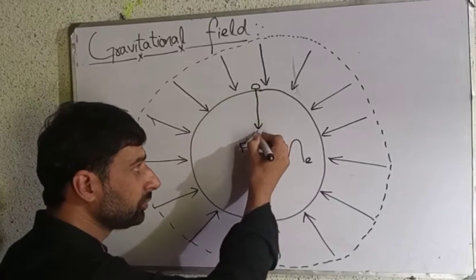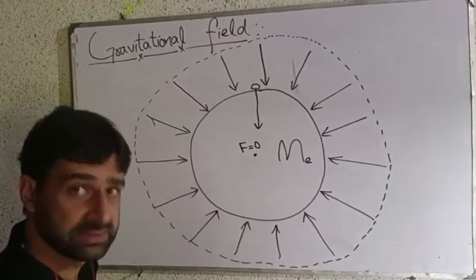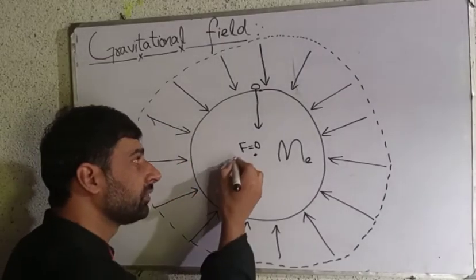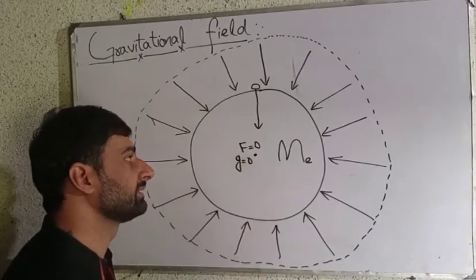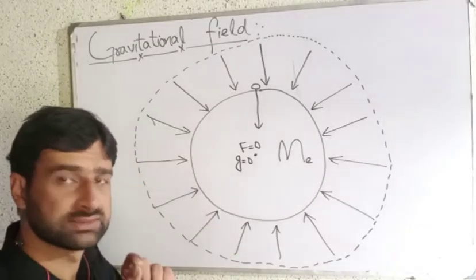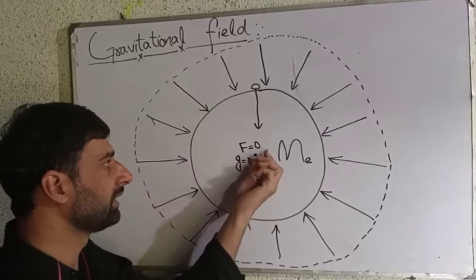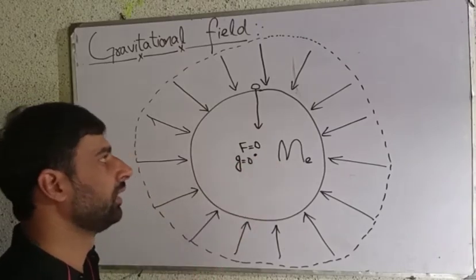If it is allowed to move towards the center of Earth, at the center the force on this object will be 0. So we can say that at the center of Earth, the value of g is also 0. If force is 0, then g is also 0. What is this g? It is gravitational acceleration, which means the acceleration on this object when it is placed at the center will also be 0.